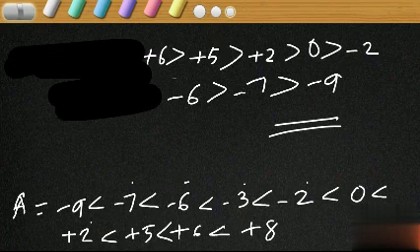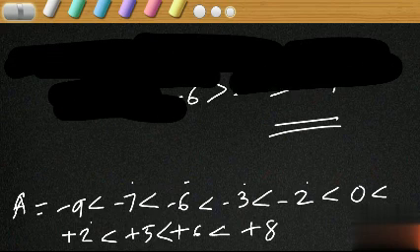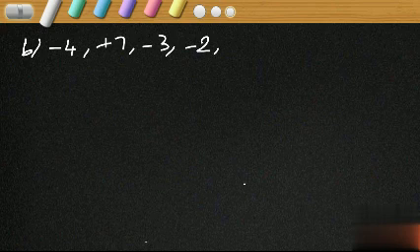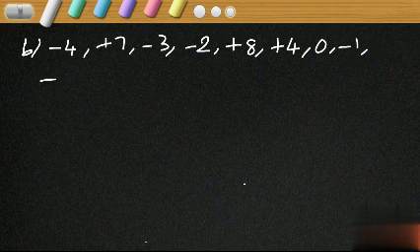Okay, let's write down question number B. Next comes B. Write down B. The given integers are -4, +7, -3, -2, +8, +4, 0, -1, -8, and +3.